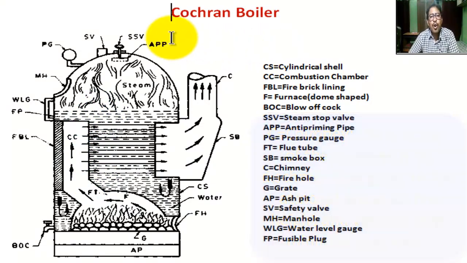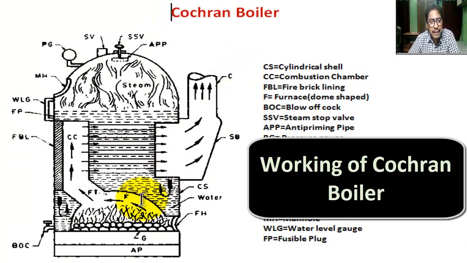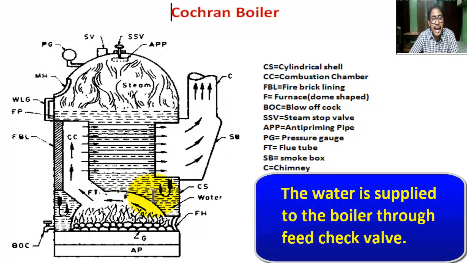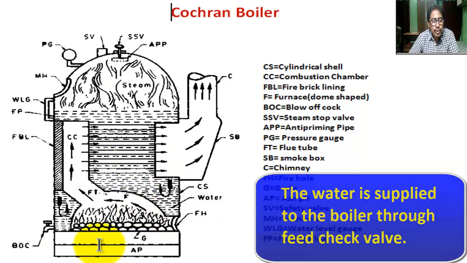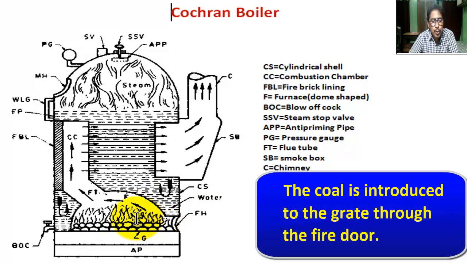Now, working of Cochran boiler. The water is supplied to the boiler through the feed check valve. The coal is introduced to the grate through the fire door.